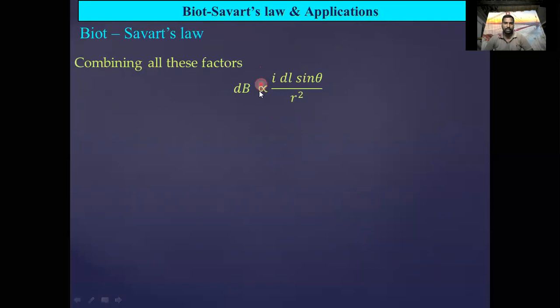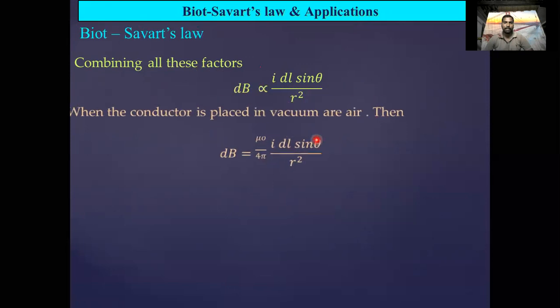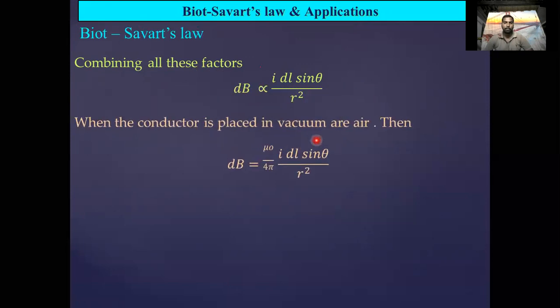Now to remove the proportionality, we introduce a proportionality constant to make it equal: dB is equal to mu naught by 4 pi into I dl sin theta by r square. We consider the conductor placed in vacuum or air, so mu 0 is the permeability of free space or air.